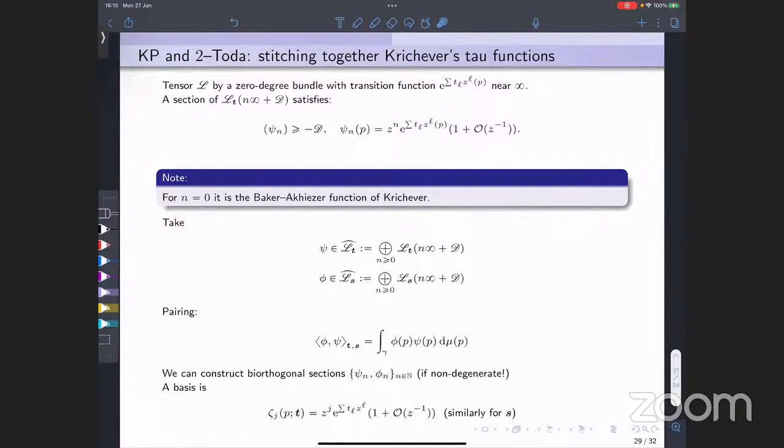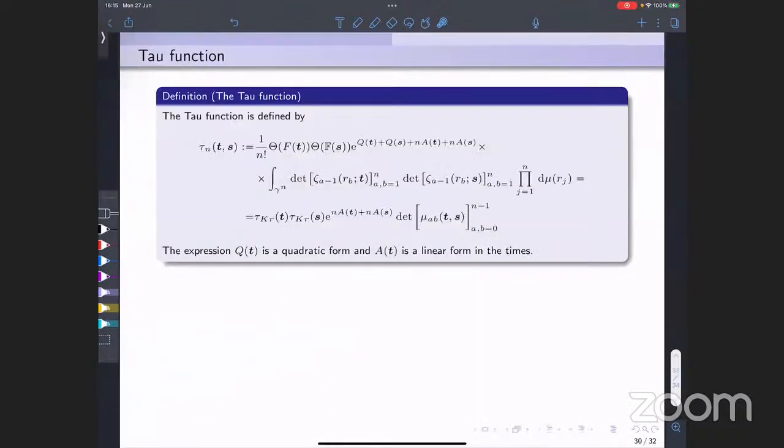And you call these objects psi n, and then you can use those as your monomials. Then you do bi-orthogonalization with respect to the measure. Okay, so that provides you a pairing between these 2 spaces, and in this case, you can show that the pairing is degenerate if and only if a certain tau function vanishes, and that's the formula.